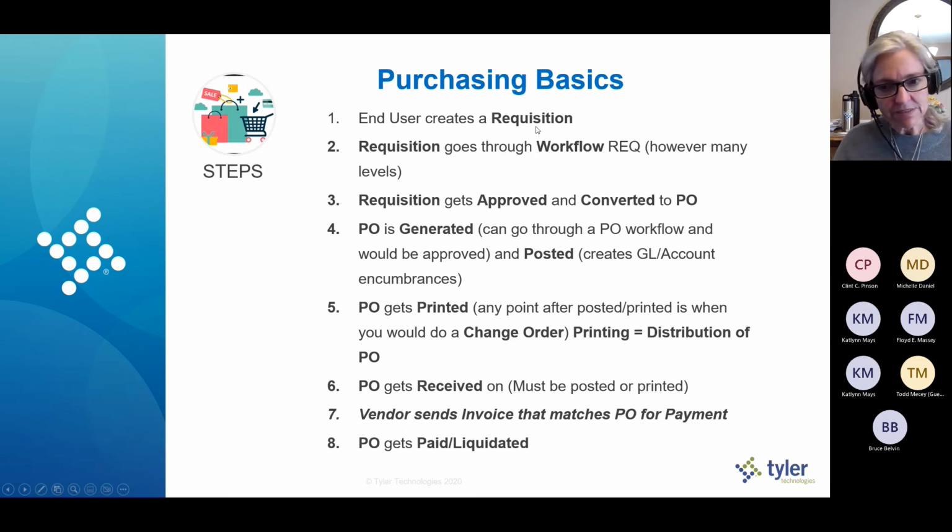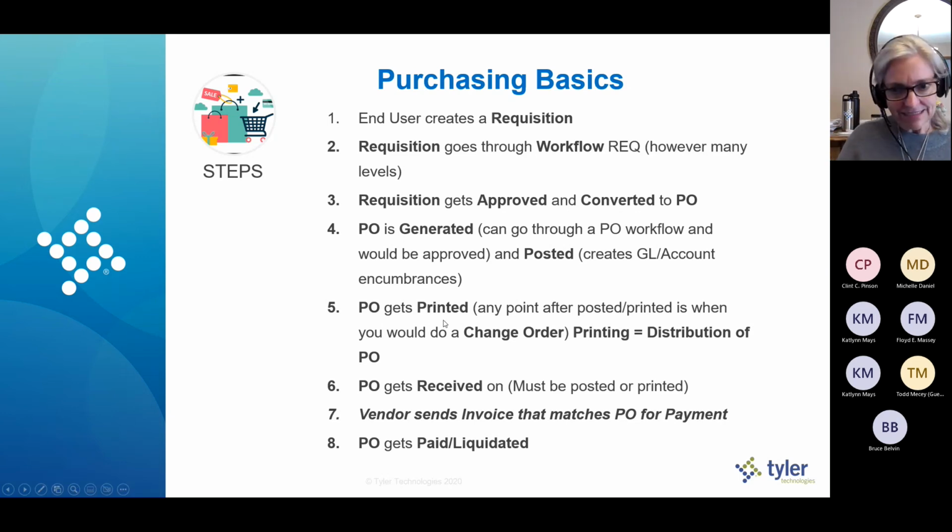Okay. So this is very much the basic steps. You would create a requisition. You're releasing it through workflow for approval. It gets approved. It gets converted to a PO. The PO is generated. It's posted. Anytime in Munis you hear the word posted, it means that it's going to the accounts. Okay.